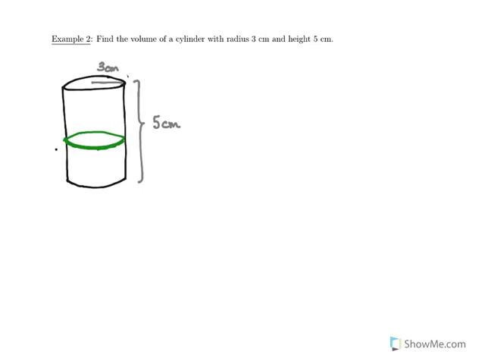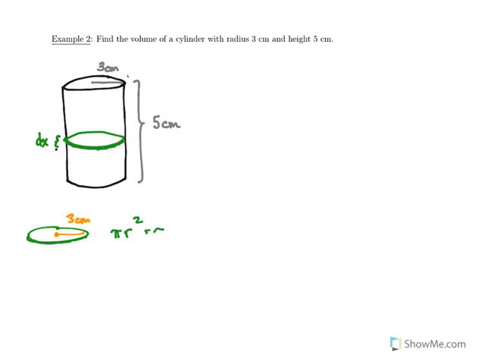The width of that disc is going to be dx, and the area of that disc is going to be pi r squared, in this case where r is that 3 centimeters.